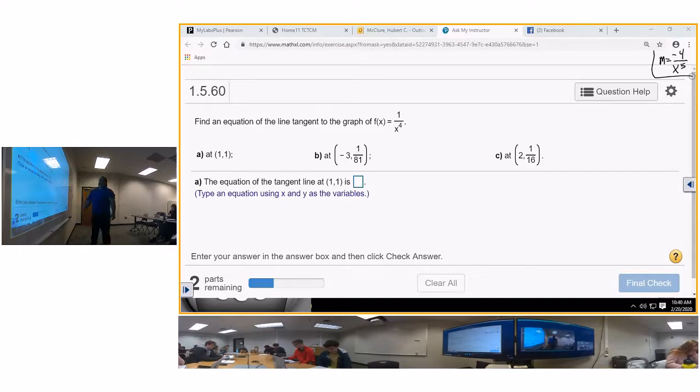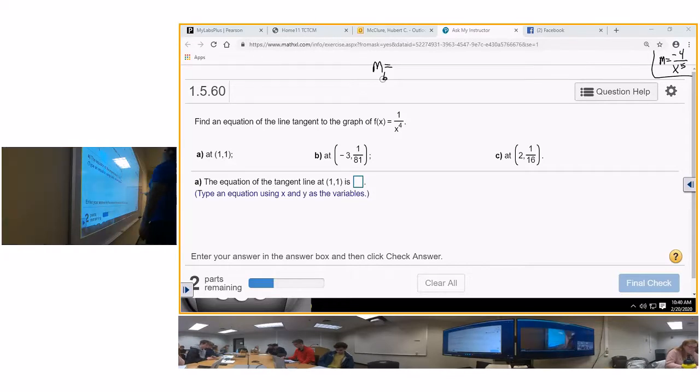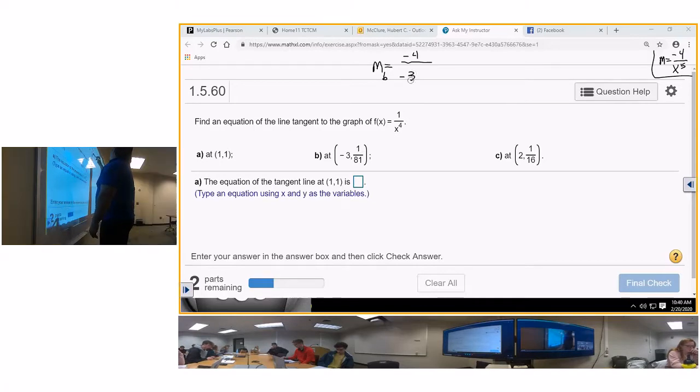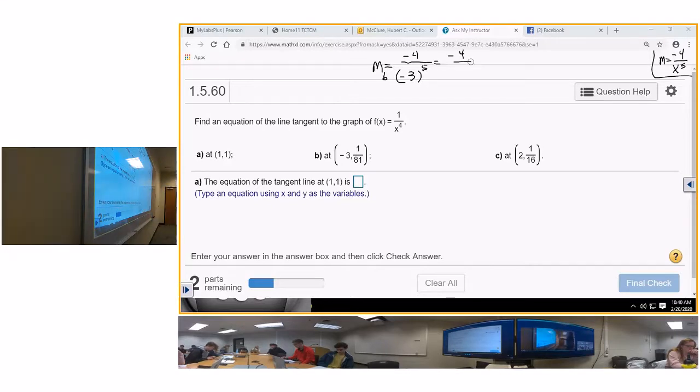Okay? So I'm going to plug in my -3. That's the first thing I'm going to do. M is equal to, and I'm going to say M sub b. So we're going to do b now. -4 over (-3) to the 5th power, which is equal to -4 over, well, 3 times 3 is 9. 9 times 3 is 81. 81 times 3 is 243. 243 times 3, what is it?